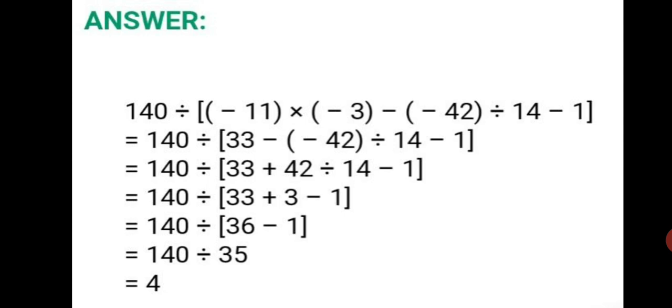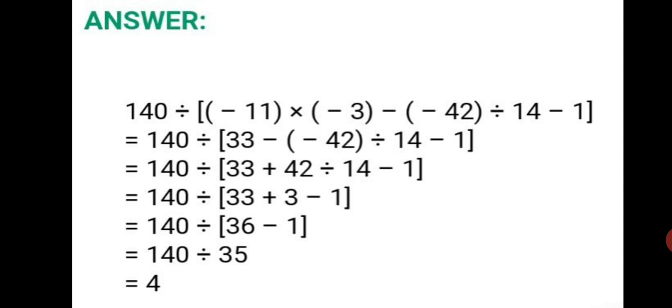So we can see there is no multiplication but there is division: 42 divided by 14. So 42 divided by 14 will be carried out first. Even in a bracket we apply this rule. When there are multiple operations to be done inside a bracket, see that you solve multiplication and division first, in whichever order they appear. So 42 divided by 14 is 3.